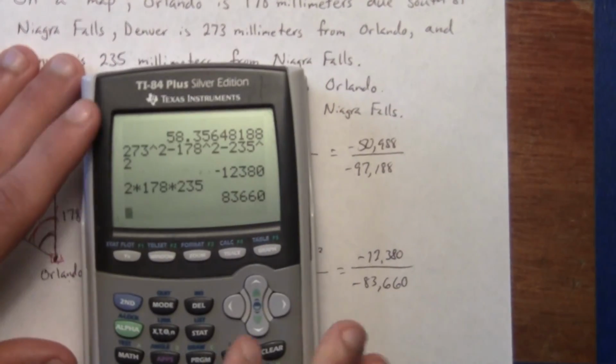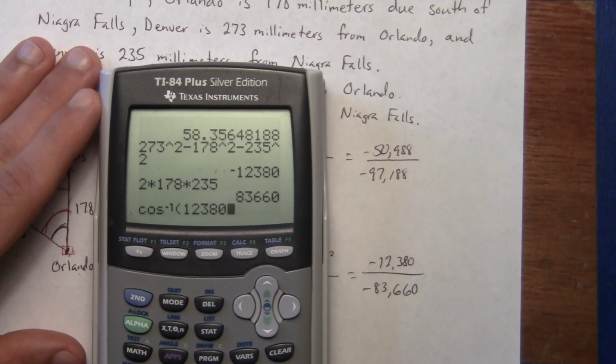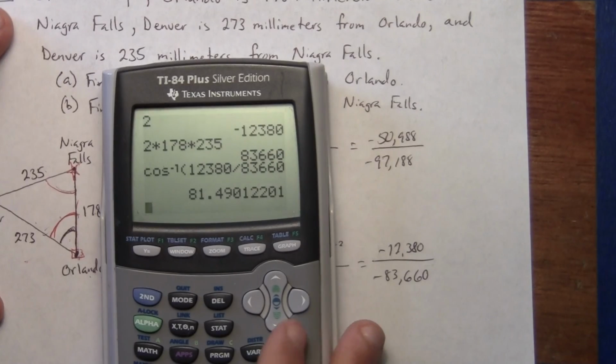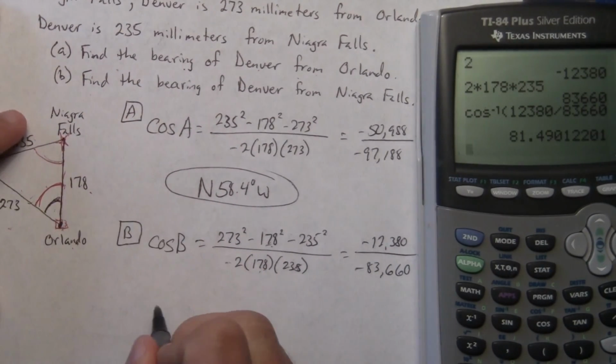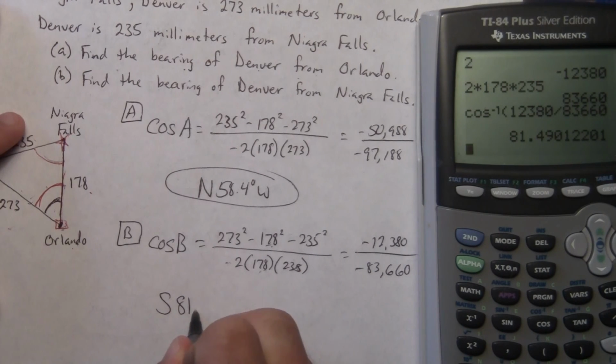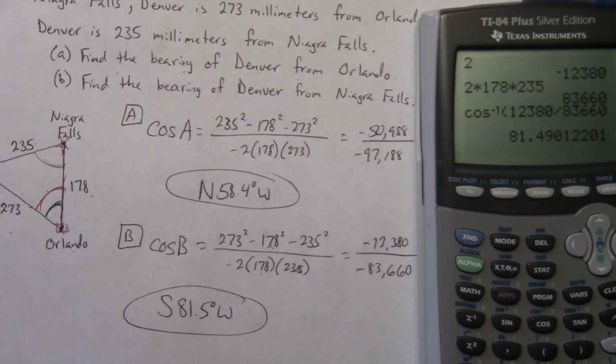And then we'll type in cosine inverse of 12,380 divided by 83,660, and looks like this angle is 81.5 degrees. So again, I'm looking south and then to the west, so I would say it's south 81.5 degrees west. And there would be my bearing to Denver from Niagara Falls.